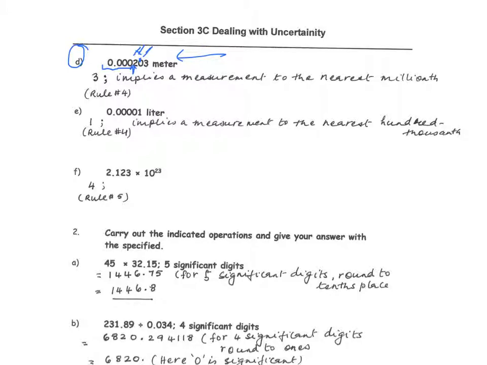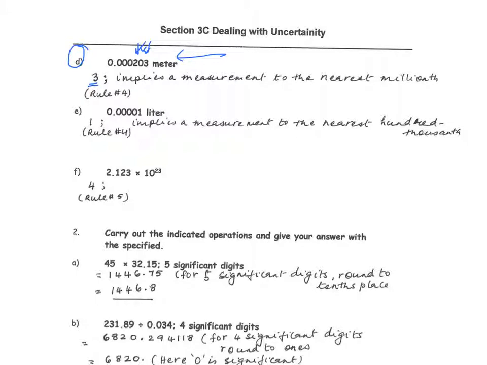Those are not significant. That's by rule number 4. So let's count. How many significant digits does this number have? It has 1, 2, 3 significant digits. So that's how we get the 3.